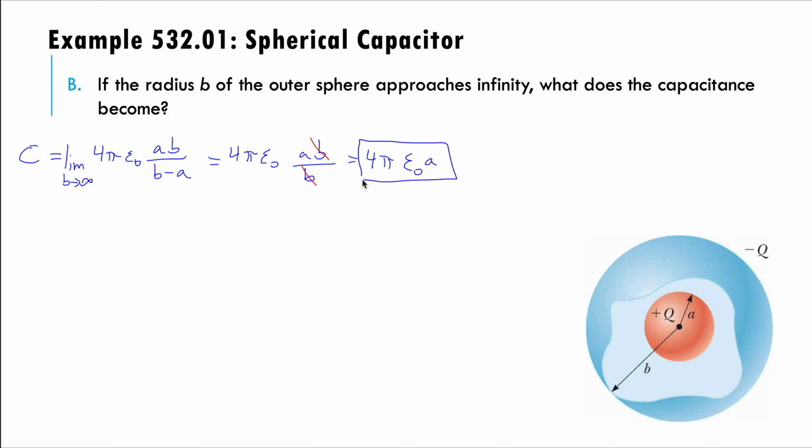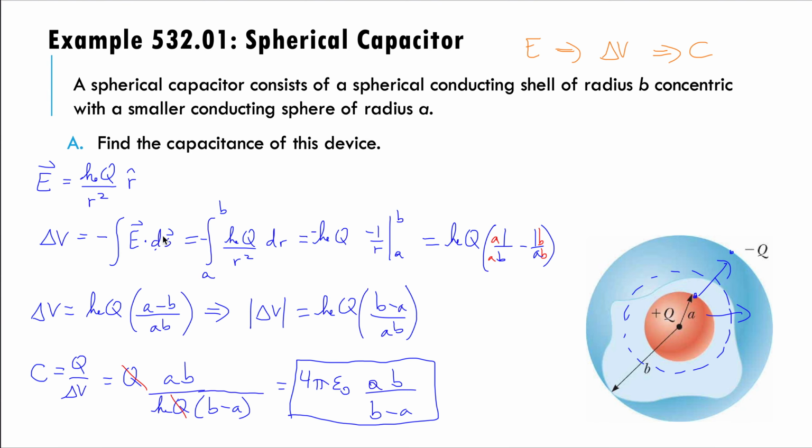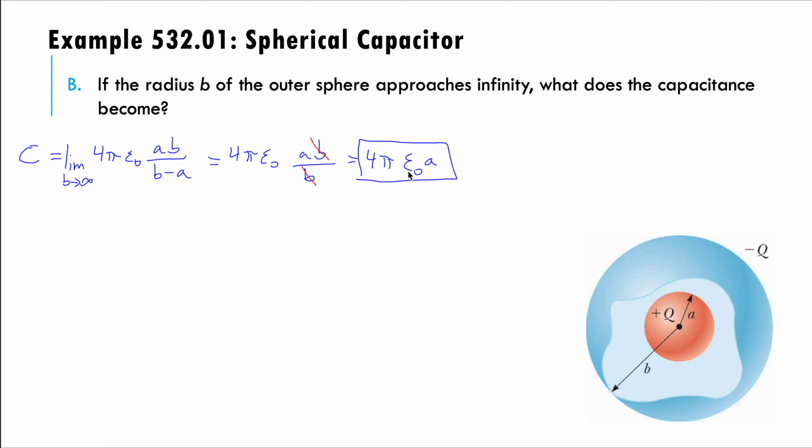Now, what is significant about this is that this is the capacitance of an isolated conducting sphere. You can follow the steps that we just took when we found the capacitance. Instead of integrating from a to b, you can integrate from a to infinity to find the capacitance of an isolated conducting sphere, and you will get this exact same result.